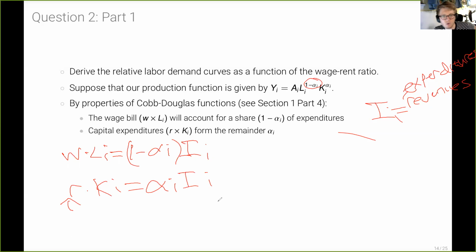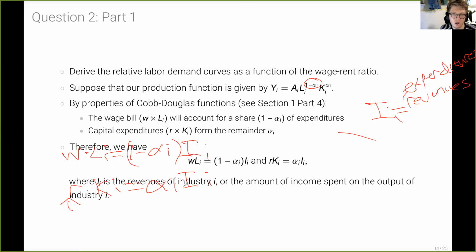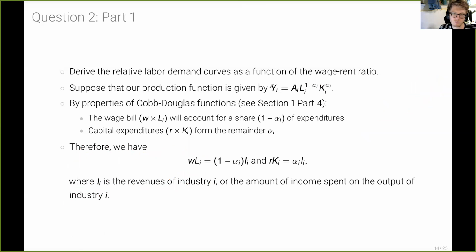Okay, and so in this way, I can figure out how much my expenditures are going to be on both labor and capital as a share of my revenues coming in. And so the slides just say exactly what I just wrote down.